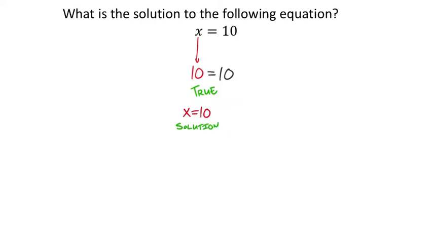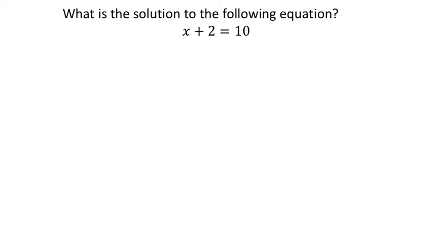Now this one may be more obvious than it needs to be, but again, I just need you to understand what a solution is. So when we look at an equation like this one, something plus 2 equals 10. Now again, I'm avoiding the rules right now. And I think some of you could do this in your head. If you can't, don't worry about it. We'll go over the rules. But the value that I would have to replace x with right here would be 8. So we would write the solution, x equals 8.